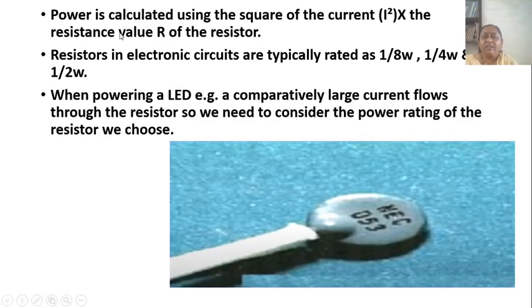Power is calculated using the square of the current, I squared, times the resistance value R of the resistor. Resistors in electronic circuits are typically rated as 1 by 8 watt, 1 by 4 watt and 1 by 2 watt.